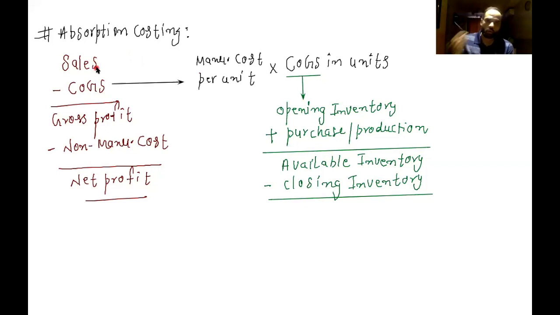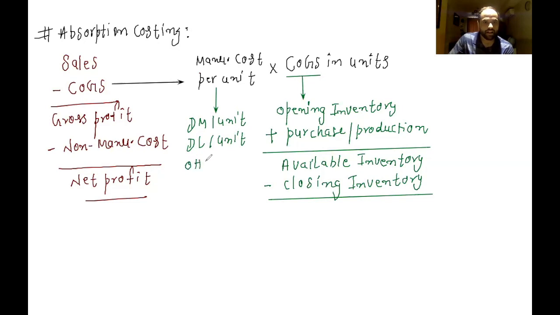All right. One more thing I need to confirm. I hope you know that, but in case you don't, let me confirm. Manufacturing cost is a combination of three types of cost: direct material per unit, direct labor per unit, and overhead per unit. So that becomes your manufacturing cost per unit, all right?